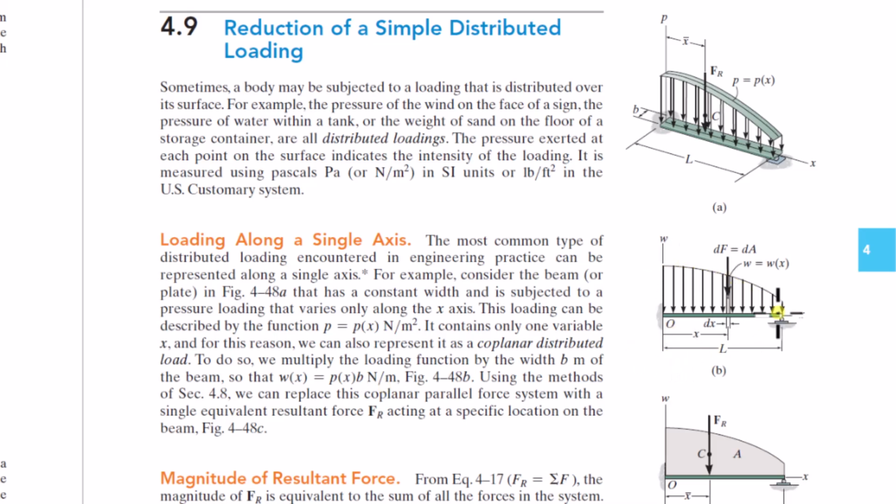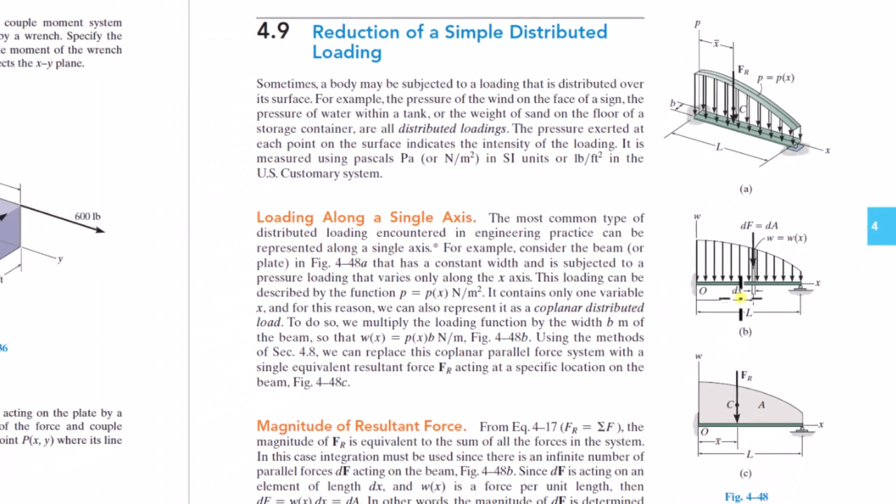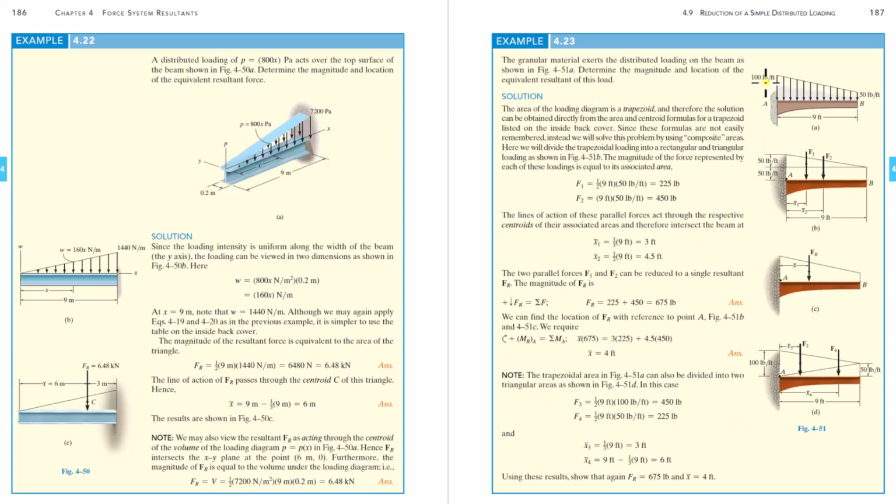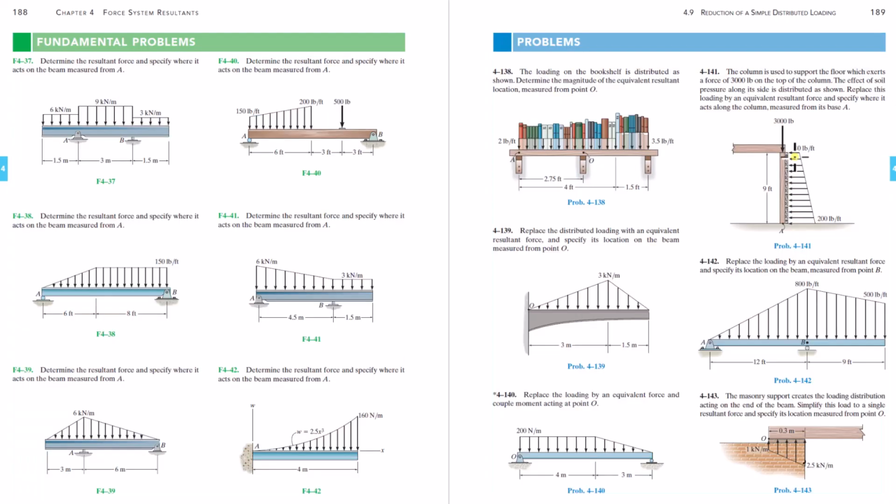Okay, so what you see here, you see this loading? Well, for planar problems like this, for these one-dimensional distributed loads, that's how the pressure is specified. You see? Here's the W, 60x squared newtons per meter, not newtons per square meter, right? Pounds per foot, not per square foot. Pounds per foot.